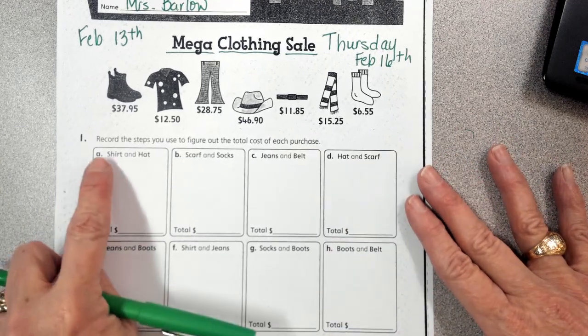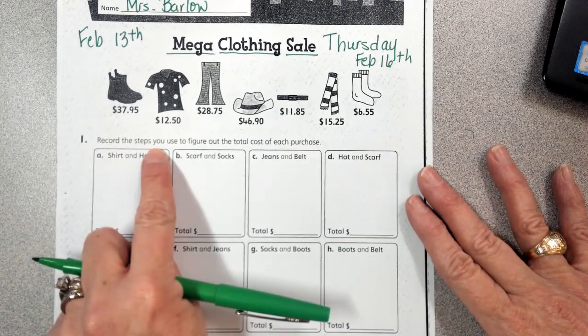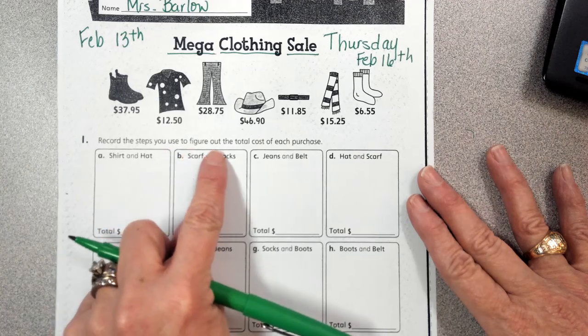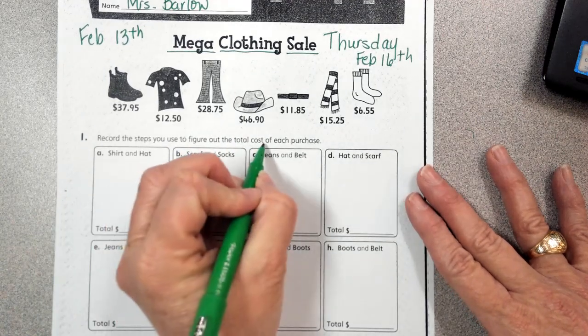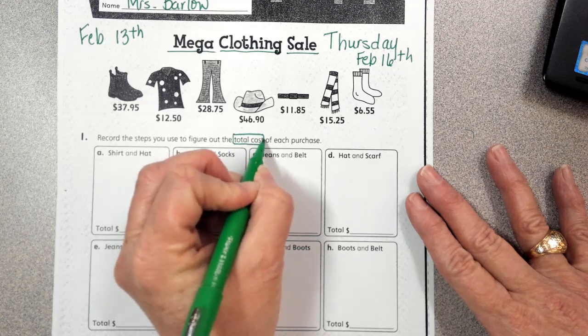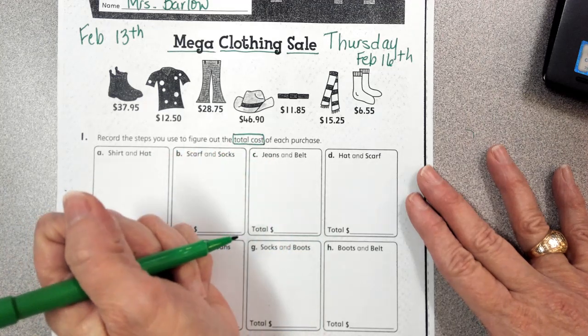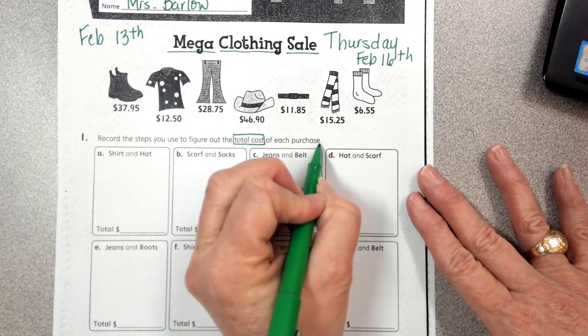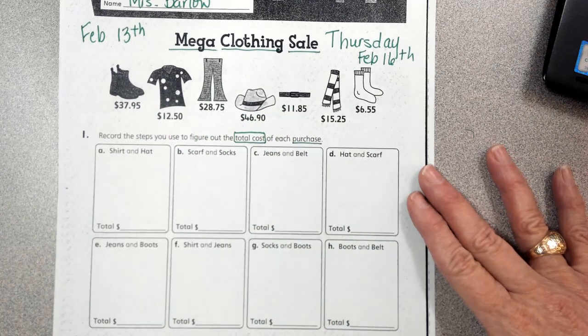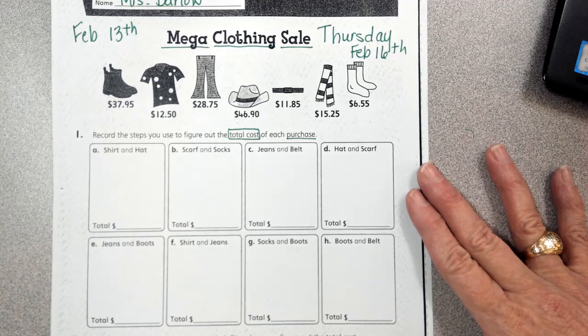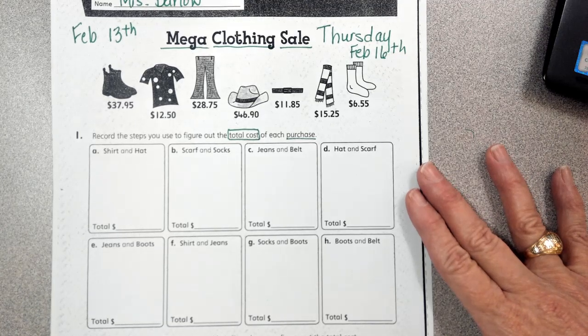So when I look at number 1, it says record the steps you use to figure out the total cost for each purchase. When I think about the total cost, I think about what is it that I'm spending? And it looks like I'm going to be purchasing some different items from the information above. So let's get started.